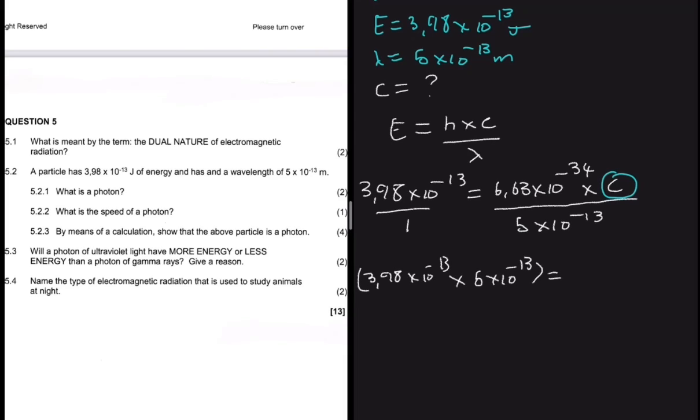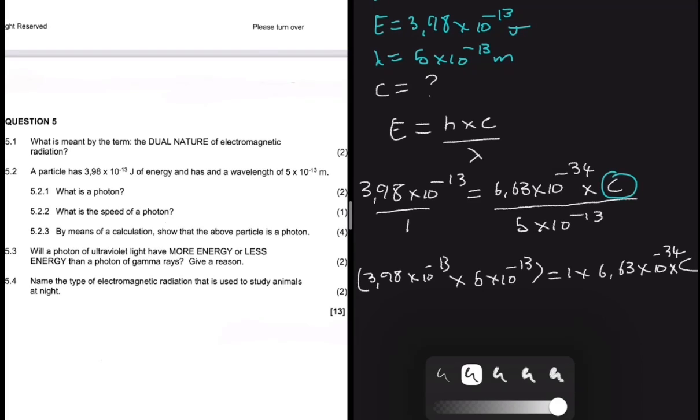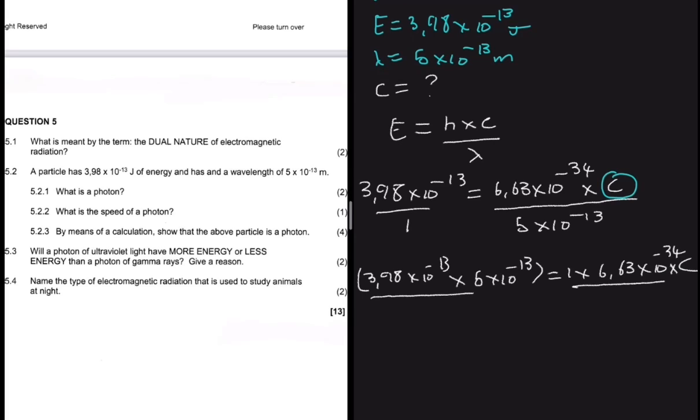And then this is going to be equal to 1 multiplied by 6.63 times 10 to the minus 34, everything multiplied by C, right? And then from here on, we're going to divide both sides by the coefficient of C, because we want to isolate C. The value of C is what we're looking for, right?